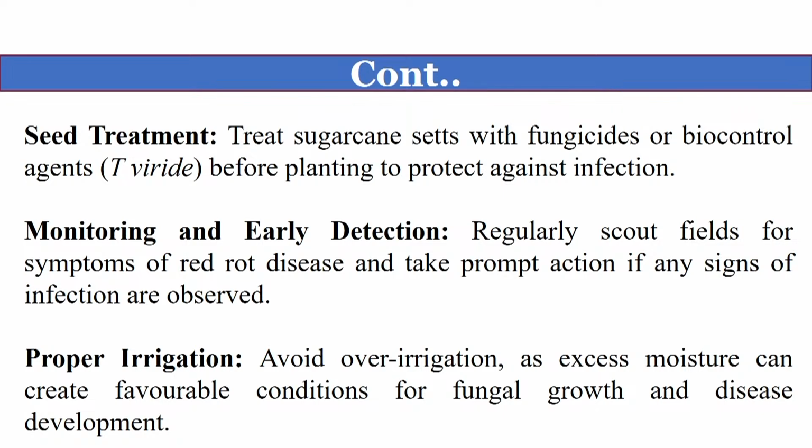For proper irrigation, you have to avoid over irrigation, as excess moisture can create favorable conditions for fungal growth as well as disease development. Proper nutrient management should also be there in the field. If you are using more nitrogenous fertilizer, it can create susceptibility to the pathogen.